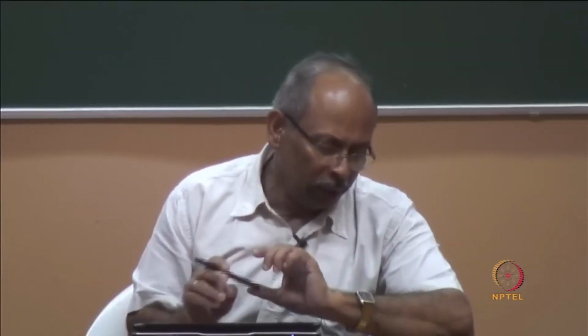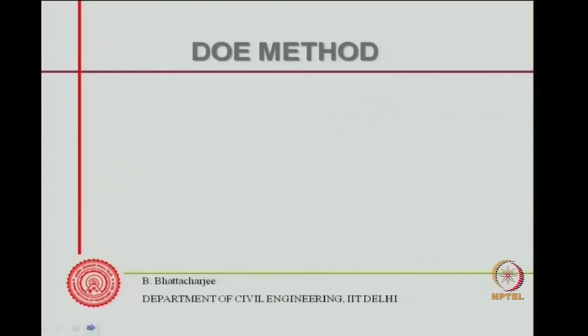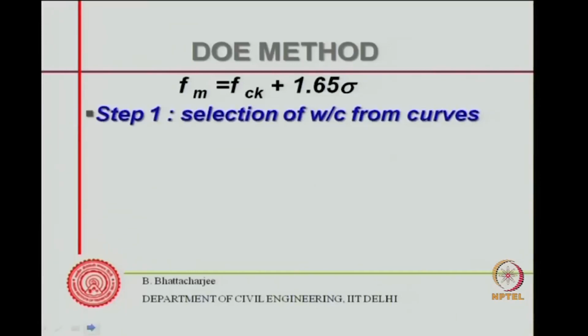So, with this now we can look into the DOE method. The DOE method starting point is the same, step 1 is the same. Of course, the next step, I am not calling this step 1, but step 1 then is selection of water cement ratio from curves.